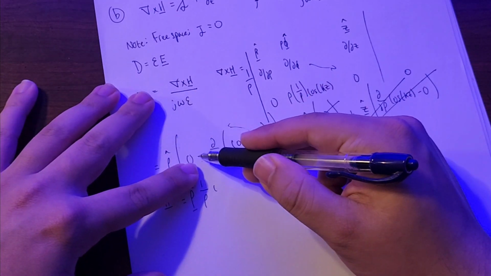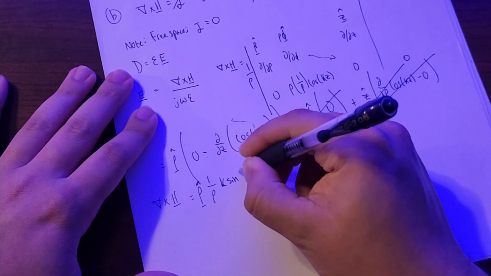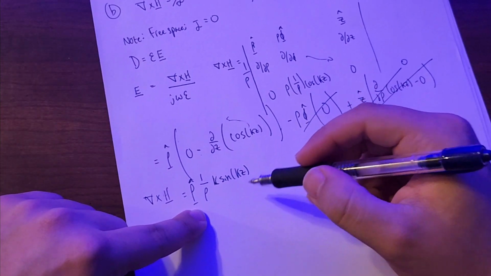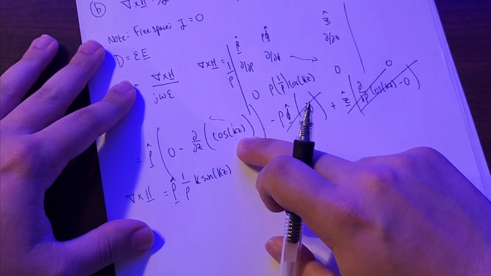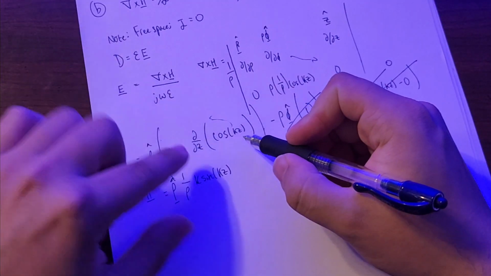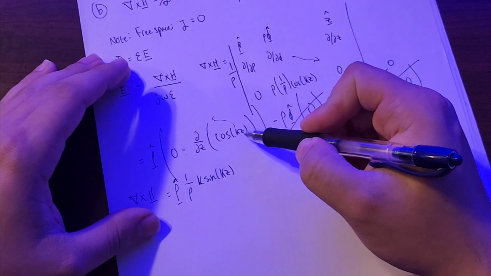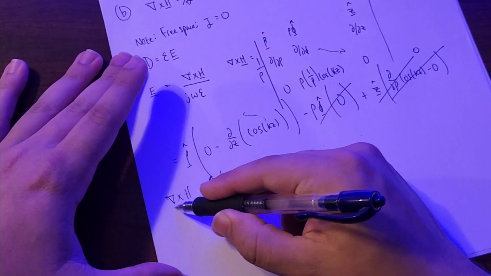So we have a negative times a negative is a positive, and we have k sine of kz. Hopefully y'all kept up with that there. This is just a derivative. If you want to just think about it as d/dx, let z equal x. Derivative of cosine is negative sine. Do chain rule, move this to the front. Okay, so we have our curl now.